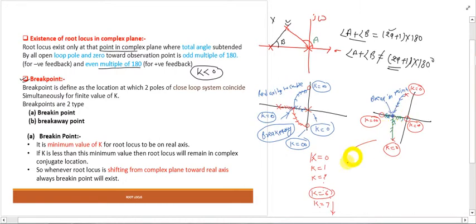If the value of k is less than 6, then roots lie in this region. Means 6 is the minimum value of k for which roots lie on the real axis. If we increase the value of k to 7, 8, 9, 10, the roots always lie on the real axis. So it is mentioned here, this is the minimum value of k for which root locus lies on the real axis for here.